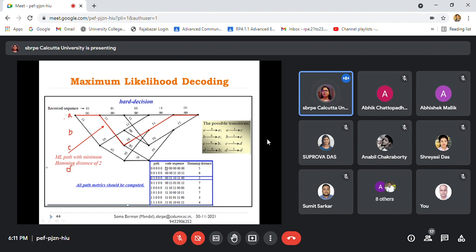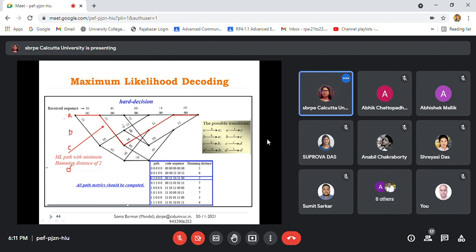Sorry, not this part. I am considering the code sequence. The first code sequence is this path: 0 0 0 0 0 0 0 0 0 0. That means this path.